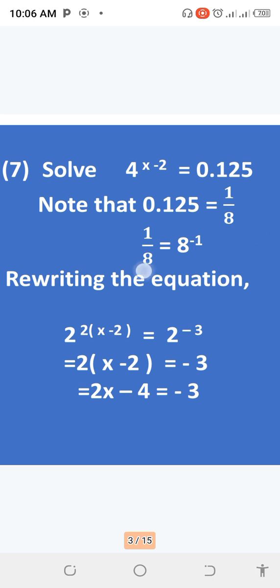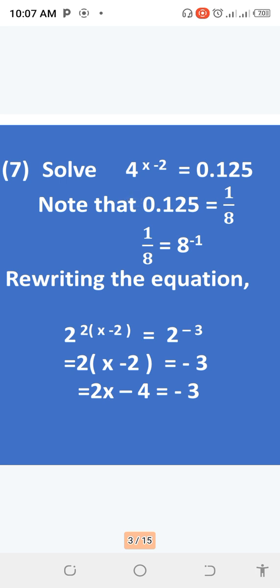And 1 over 8 is the same thing as 8 exponent minus 1. So we are going to rewrite the equation by saying 4 exponent x minus 2 is equal to 8 exponent minus 1.